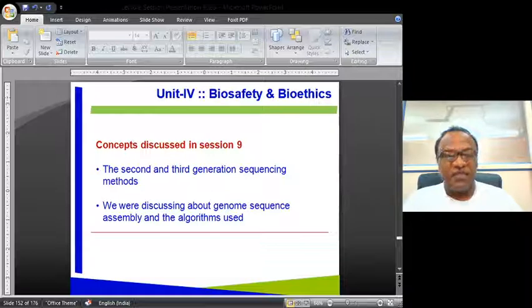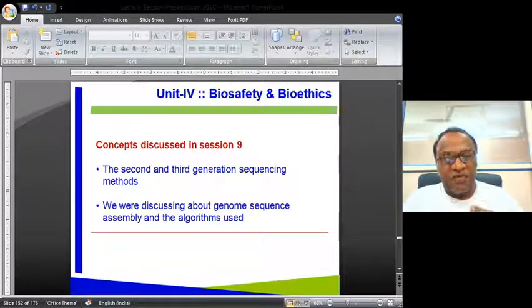So in the last session, we were discussing the second and third generation sequencing methods. We had discussed the Illumina and Ion Torrent methods under second generation sequencing methods.